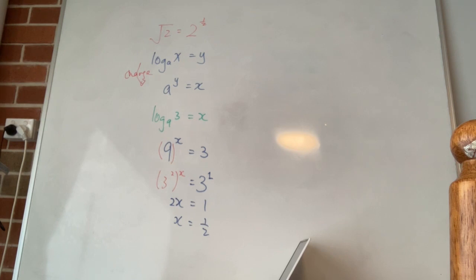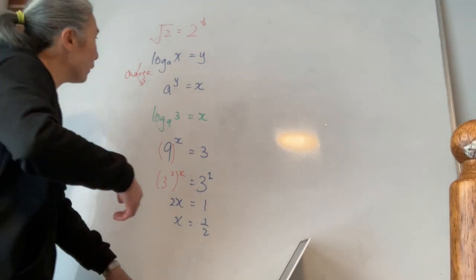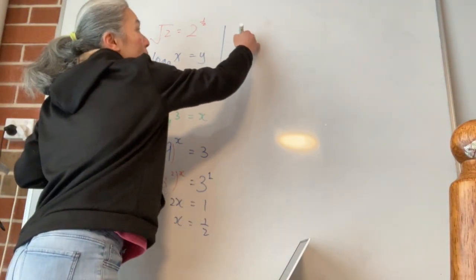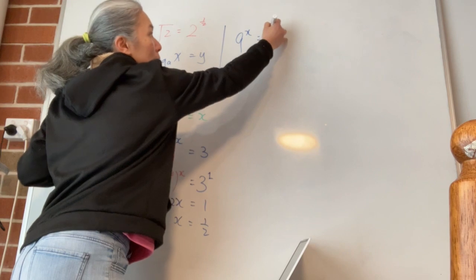You can do this one. So 9 to the power of x equals 1 on 9, and both of them are 9, so you can keep it as 9. So we are going to have 9 to the power of x equal to 1 on 9.